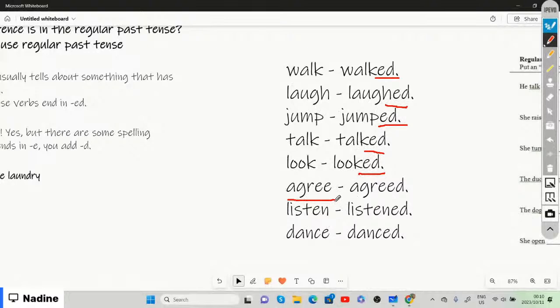Agree ends with an e, which means that in the past tense, we are only going to add the d. So I agree now, but in the past, I agreed. And there we have the d that was added only.